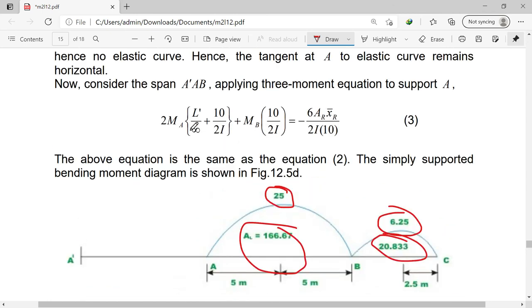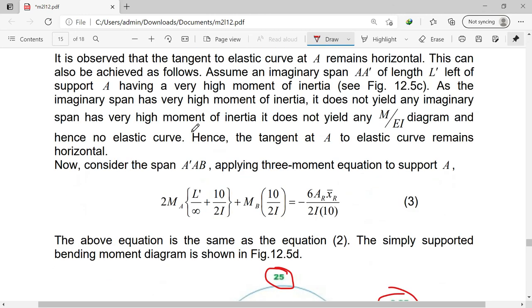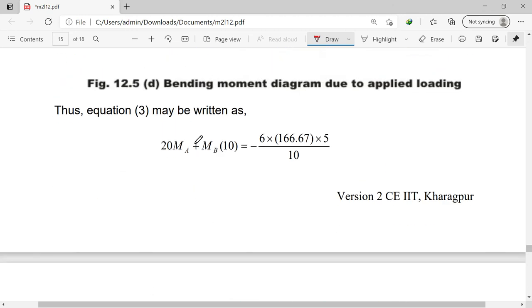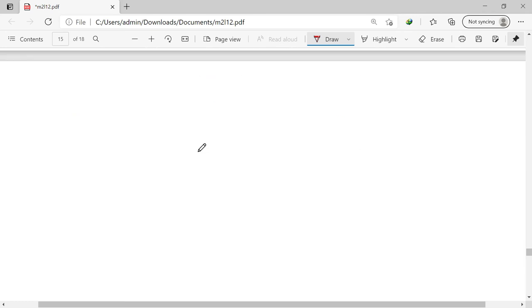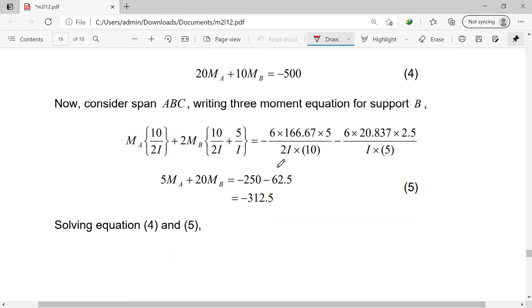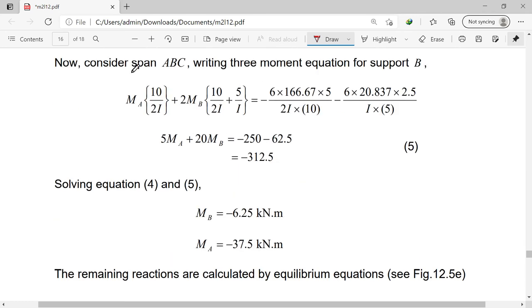If you put these values in the equations, you will get the answer for MA and MB. These are the MA, MB equations. If you solve these simultaneous equations, you will get the answer of MA and MB, as MC is 0 because it is a free support.